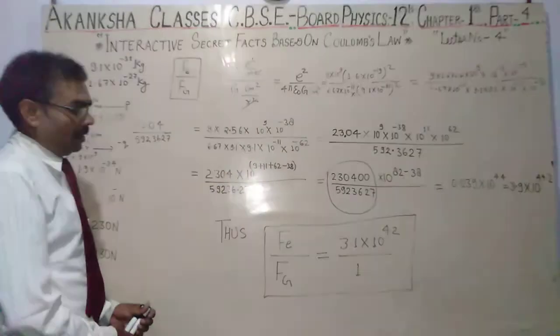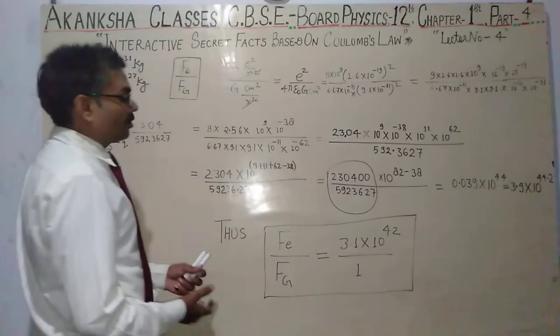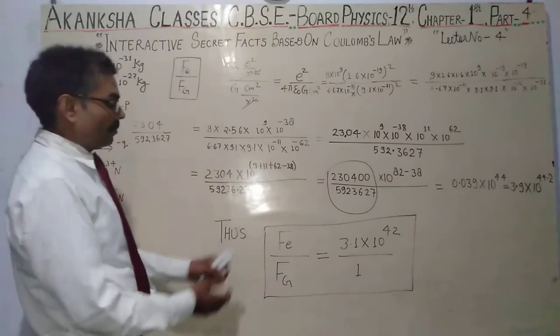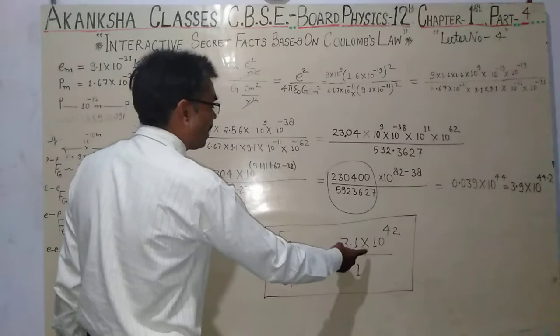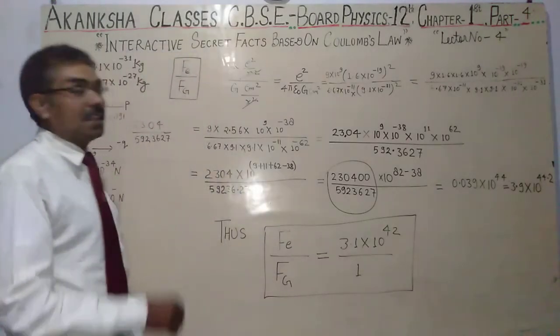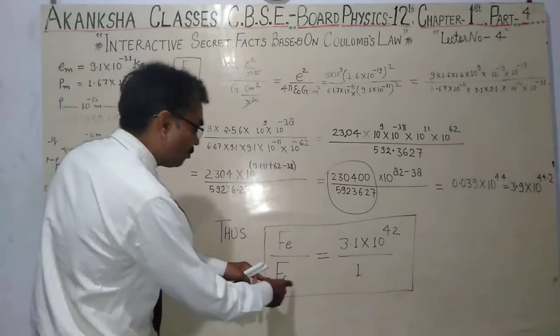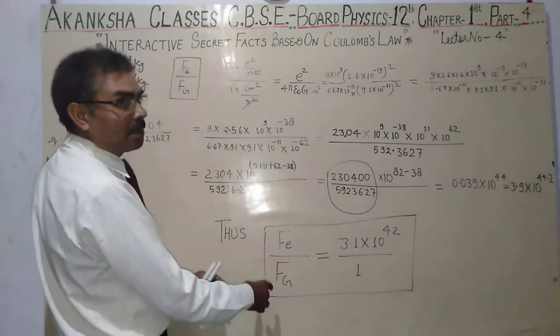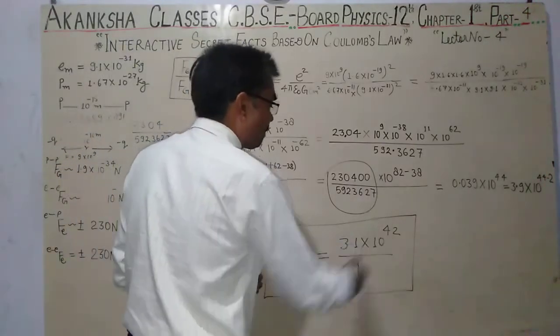That is 3.1 into 10 power 42. This means the electrostatic force between two electrons is 3.1 multiplied by 10 power 42 times greater than the force due to gravity. That is a fact. This is a surprising fact.